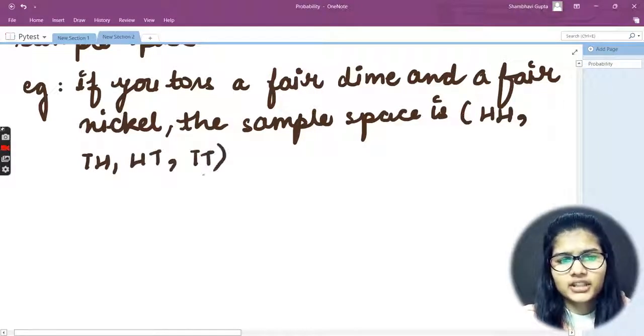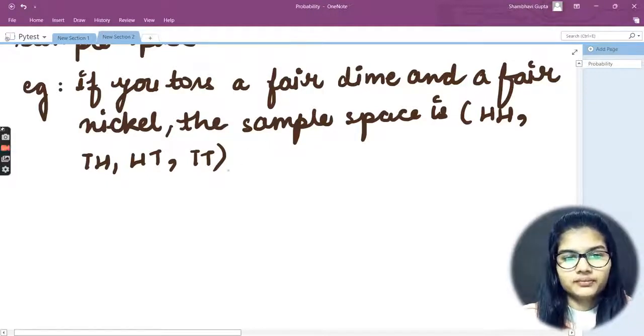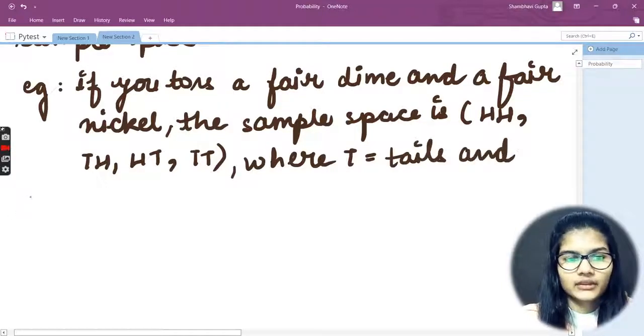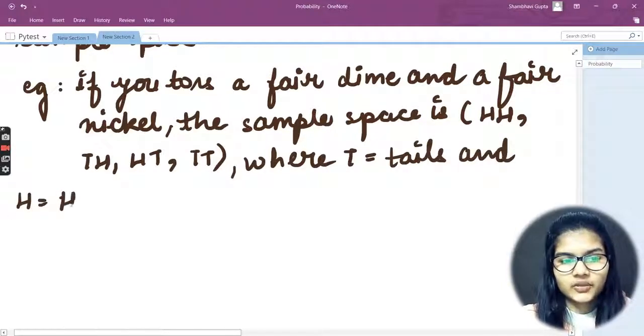This is the sample space if you toss two coins simultaneously, where T is equal to tails and H is equal to heads.